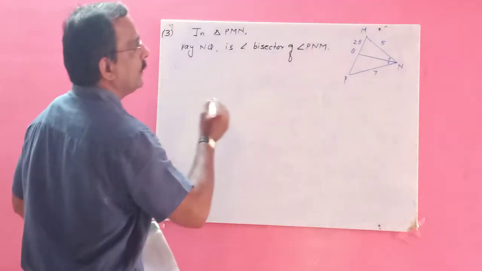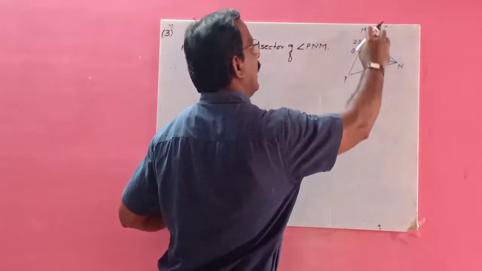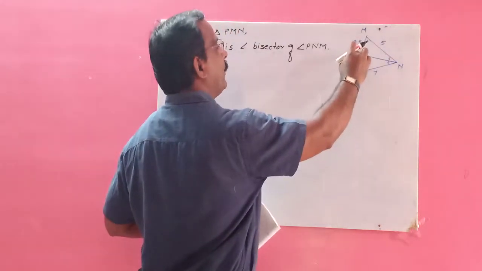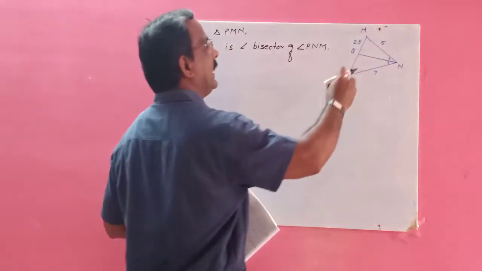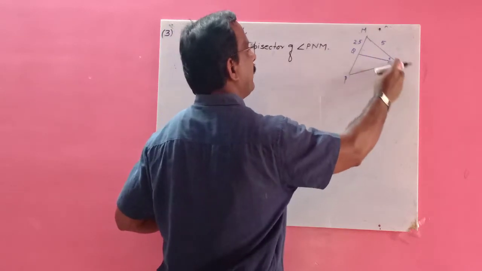Therefore, if you write PN upon MN, then write the next side PQ upon QM. Or if you write PQ upon QM, then write PN upon MN.